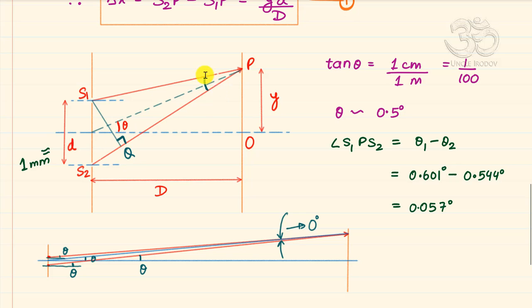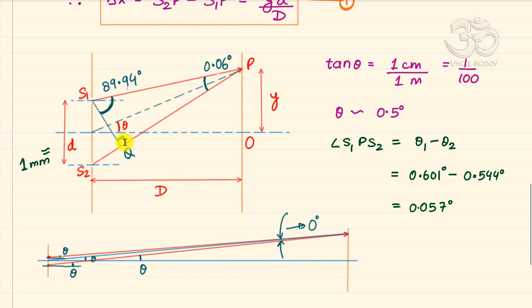And I know that the angle at Q is exactly 90 degrees because I have drawn a perpendicular. Now this angle is around 0.05 that I took earlier, but my bad, I'll take it as 0.06 degrees. So 0.06 degrees, people. And this angle here turns out to be 89.94 degrees. And that's so close to this angle 90.